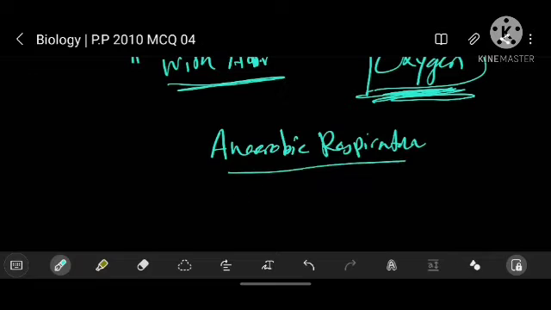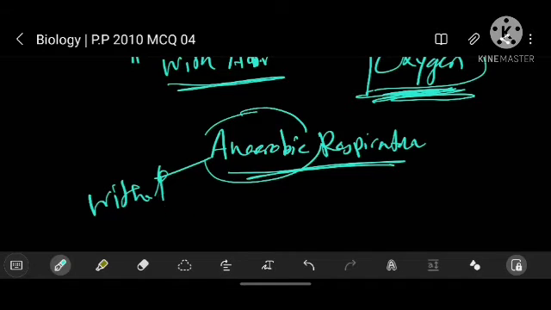On the other hand, we have anaerobic respiration. Anaerobic means without air. Therefore this type of cellular respiration doesn't use oxygen to produce energy.